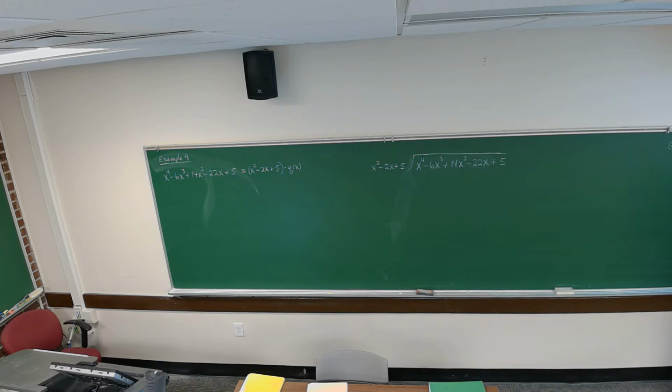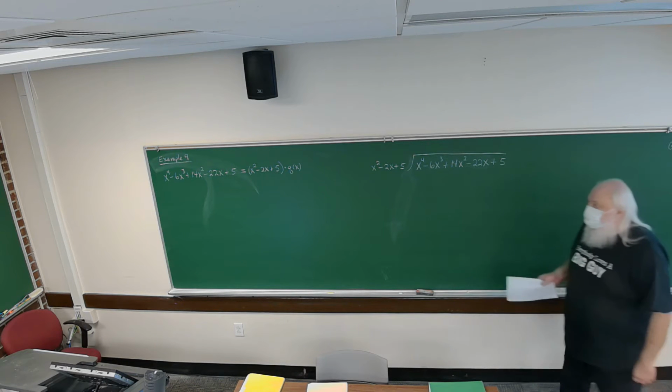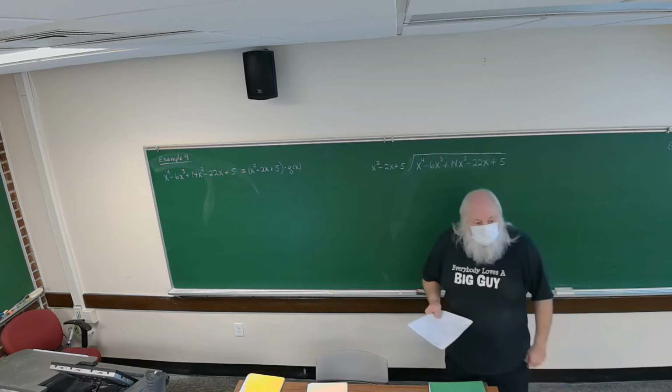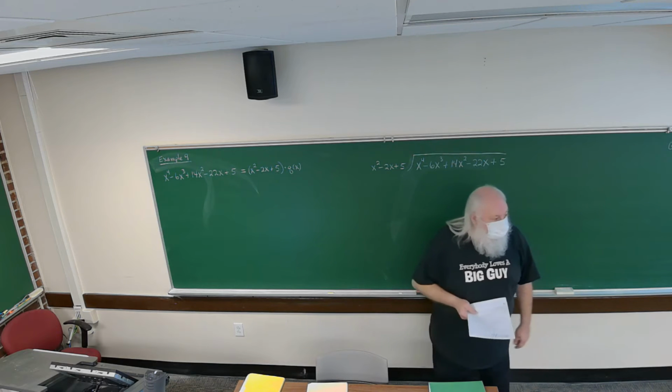This factor is a quadratic, so q of x is going to be quadratic. So to find q of x, we have to divide the fourth degree polynomial by x squared minus 2x plus 5 using long division. And that's where we stopped. And I said, you try to figure out what the quotient q of x is.